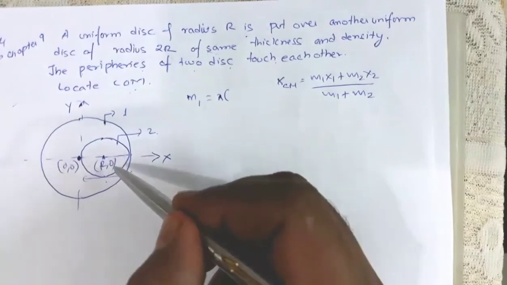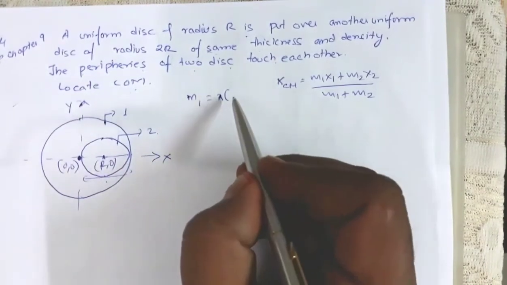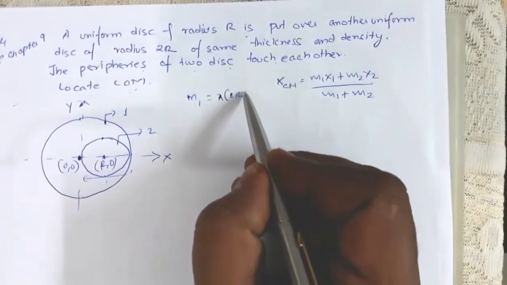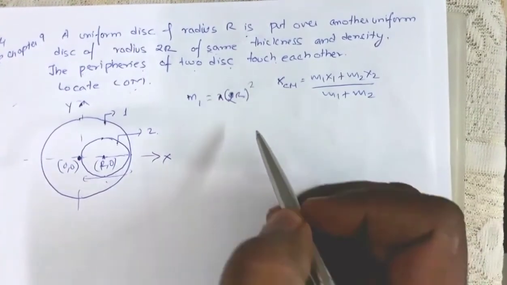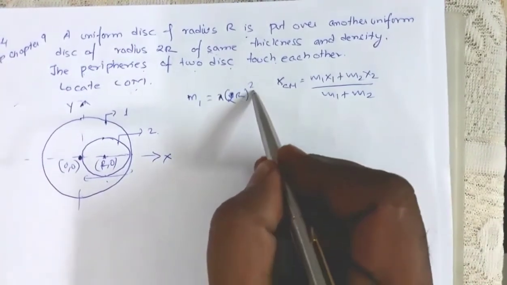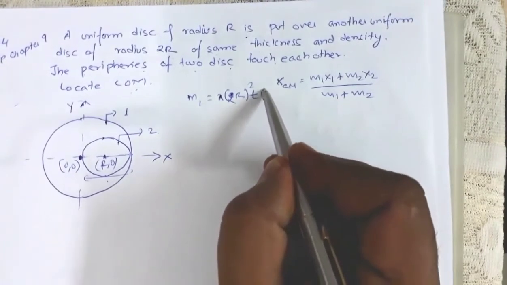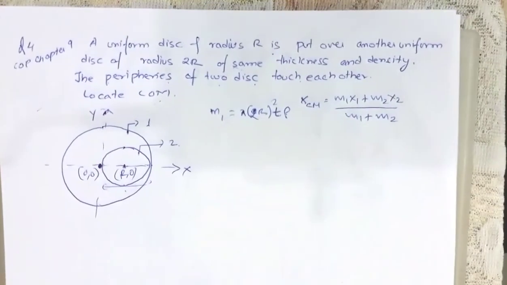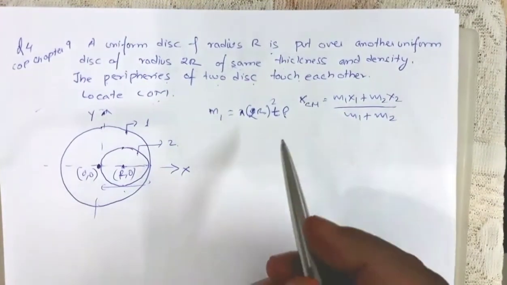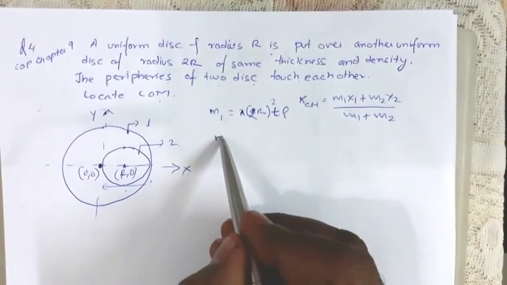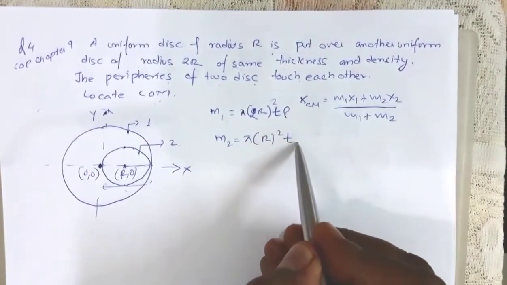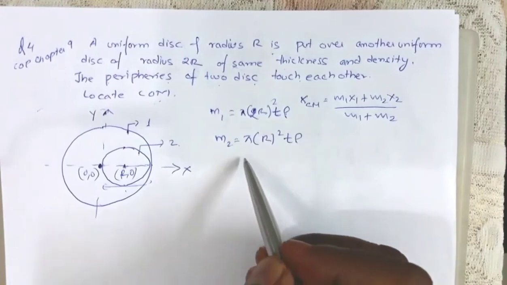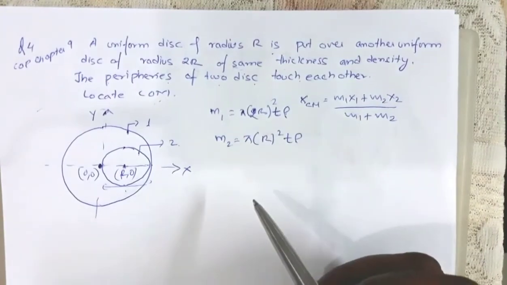Remember, 1 is the bigger disk, 2 is the smaller disk. So m1 is pi into twice r squared, which is the area, into thickness t into density rho. This is the mass of the bigger disk. m2 is pi r squared t rho. This is the mass of the smaller disk.